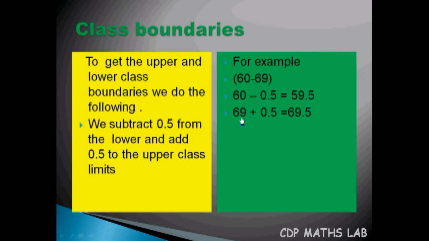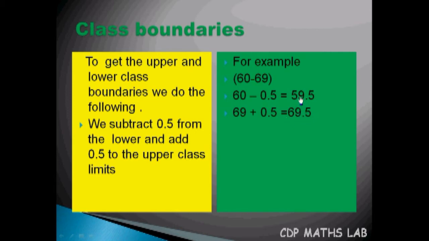Now 69 is our what? Upper class limit. And to get our upper class boundary, you'll add 0.5 and you'll get 69.5. Very good. So what do we mean by boundary? In other words, you cannot go lower than 59.5, neither can you go higher than 69.5.